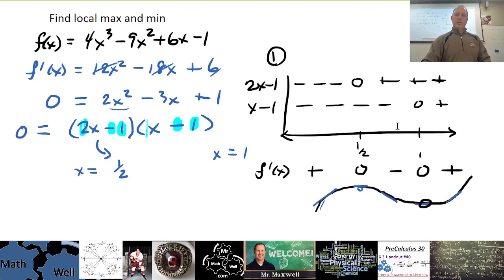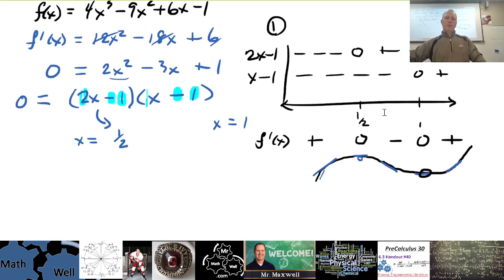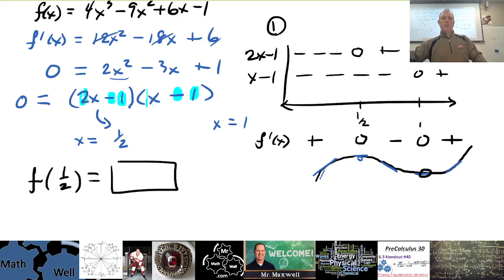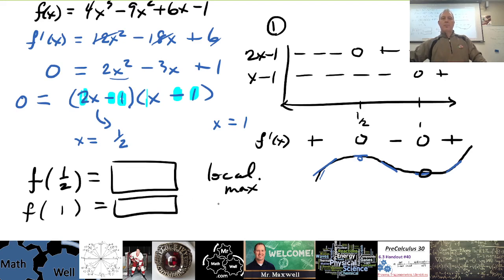So there you go. Now the only other thing is you would say, f of 1/2 we said was a local max. So you'd have to also find the y value there, and then local max. So you should put the points, the x and y value there. And so that's a local max. And then f of 1 is whatever that number is, that's local min.